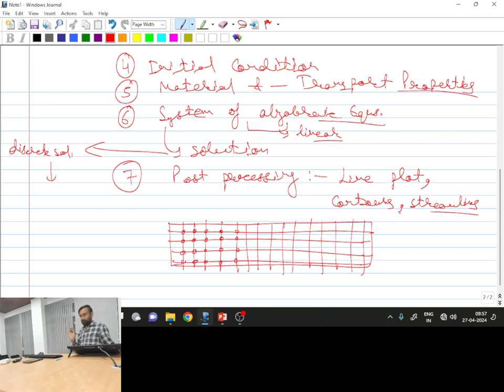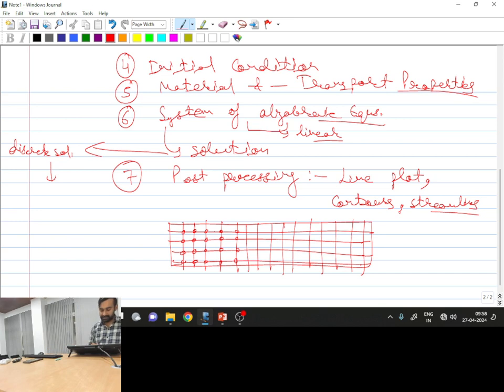So this process of discretization, which converts your partial differential equations into an algebraic set of equations, will only work if in our domain we have defined some discrete set of locations at which our field variables will be solved, and the differential equation will be written in the form of algebraic equations for each of these discrete locations.